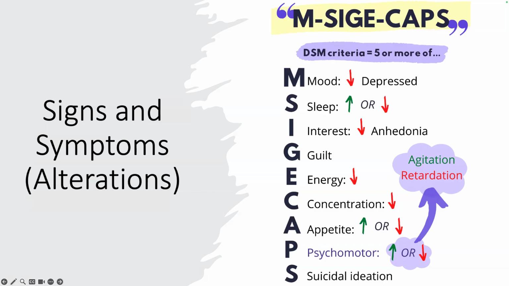Anhedonia, decreased interest in activities. I would know that word. There may be feelings of guilt, decreased energy levels, decreased concentration. Appetite is one that goes either way. Some people self-soothe with food. Some people have no appetite.